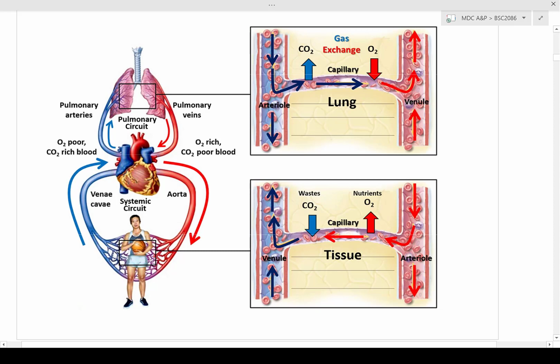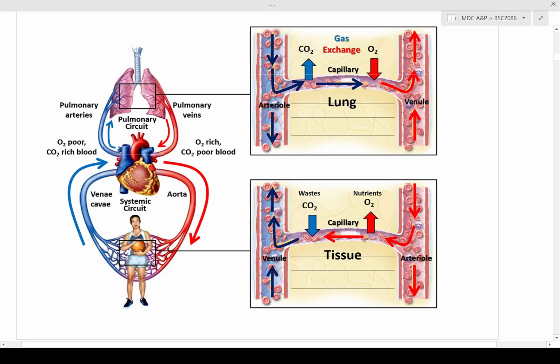So blood flows from the heart to systemic circulation once it becomes oxygenated in the pulmonary circulation. As blood moves to each individual tissue and cell, oxygen gets perfused into the tissue, as well as some of the nutrients.